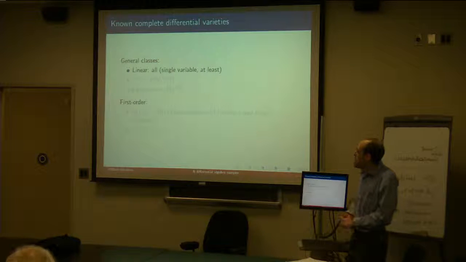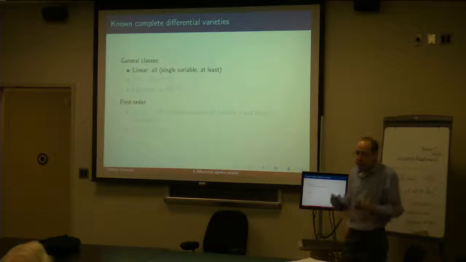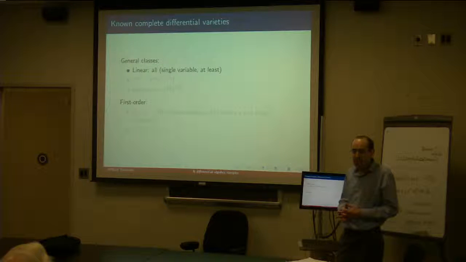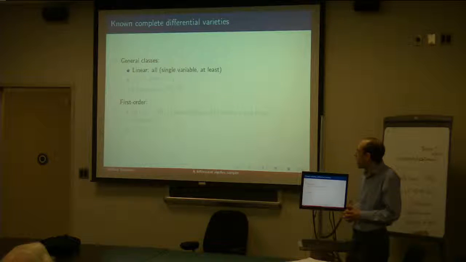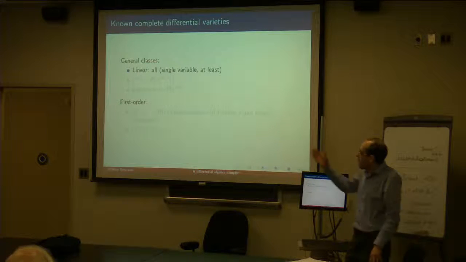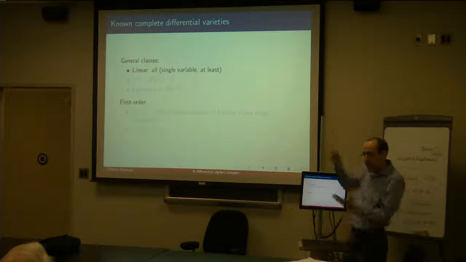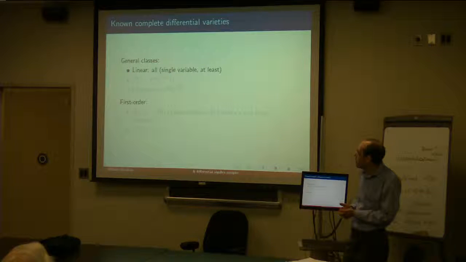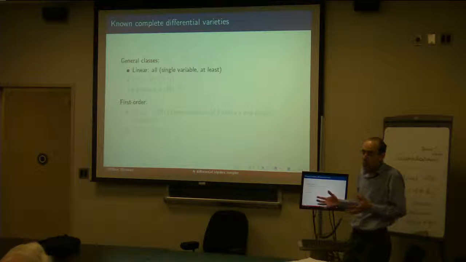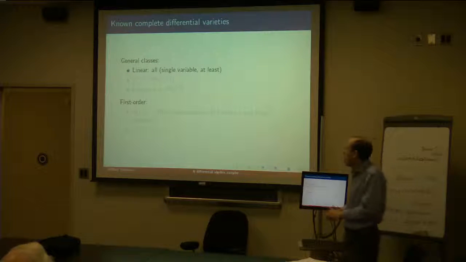So first of all, linear differential varieties. If anything is going to be complete here, then these should be, and they in fact are. I confirmed this when you have just a single variable. Just backtracking, I did mention that everything has to be projective. So if we're talking about a single differential indeterminate, we're talking about subvarieties of P1 in general.